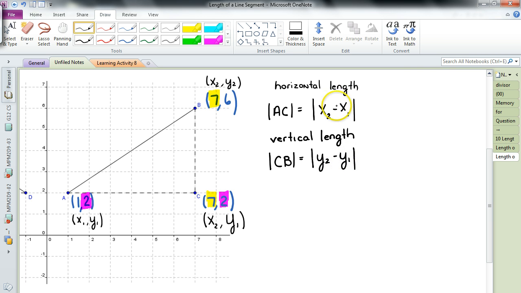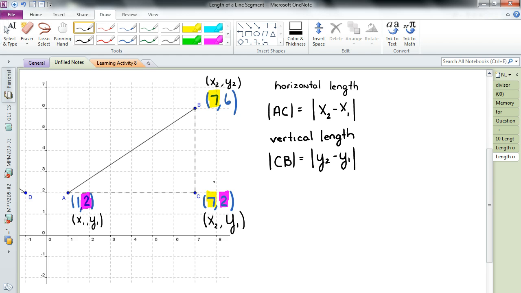Now in the last video we talked about how the order of these points doesn't matter because of the absolute value brackets. But a good strategy to put into place is always start with your rightmost point minus your leftmost point, and your highest point minus your lowest point. If you follow that convention, it helps with some other problems later on.